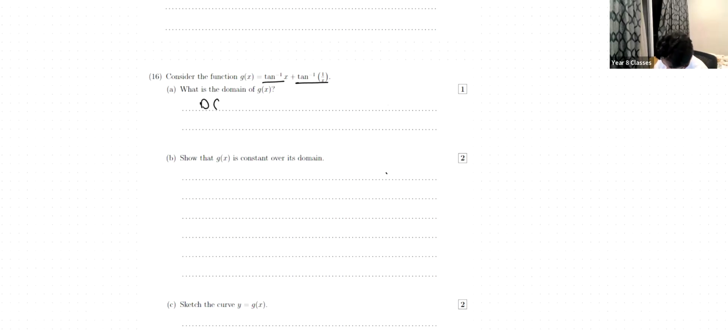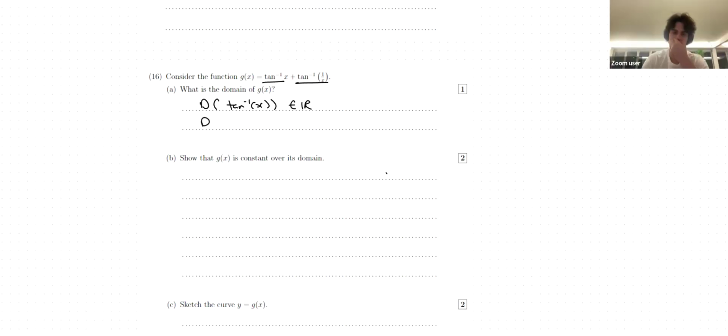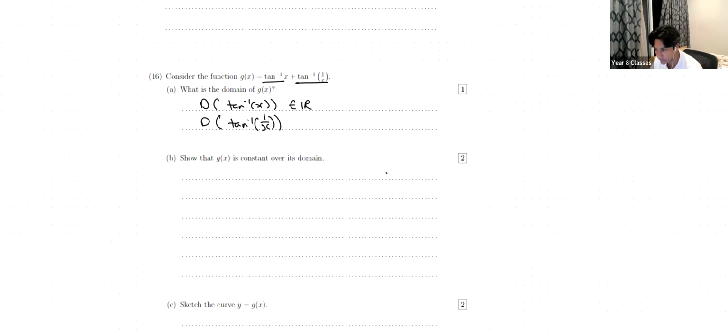What about tan inverse 1 on x? Think in particular about the 1 on x. What are the limitations of that? It can't be 0. So it's negative infinity to 0, and 0 to infinity. Yeah, just write it as all real except x can't be 0.